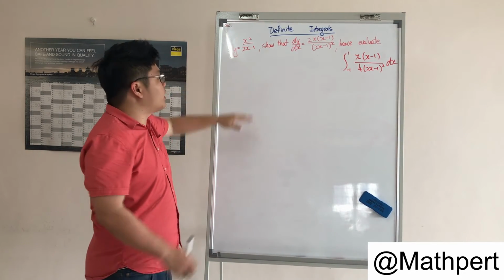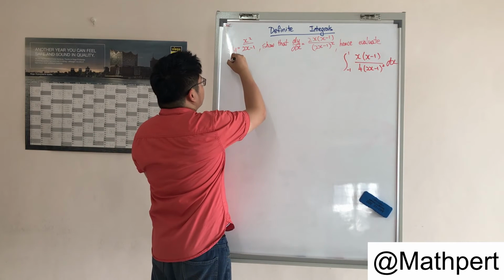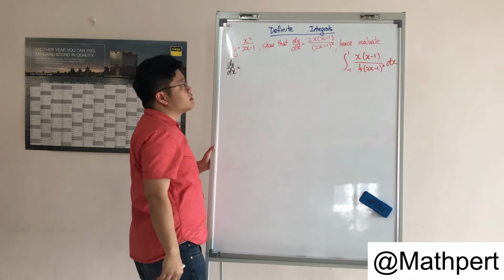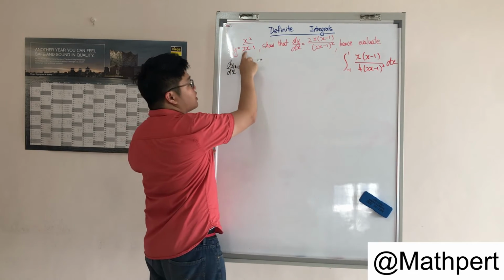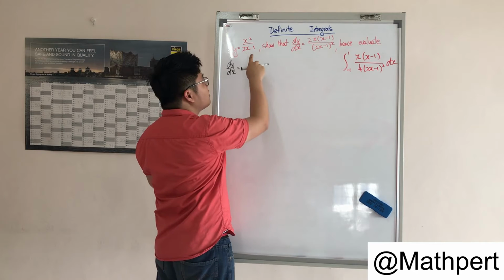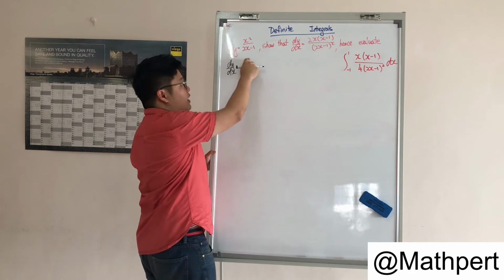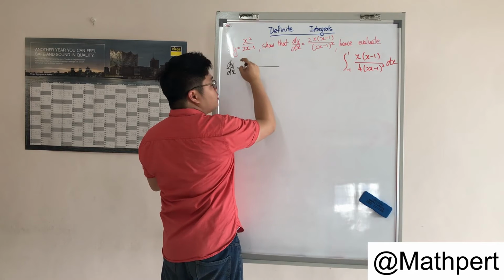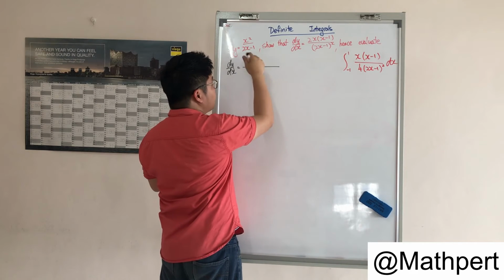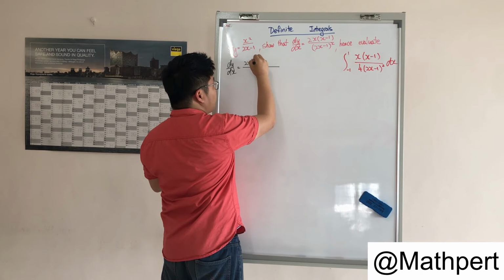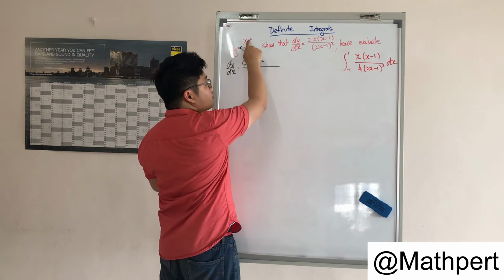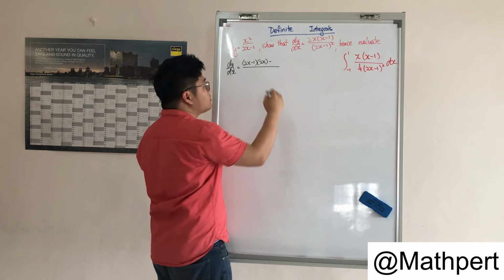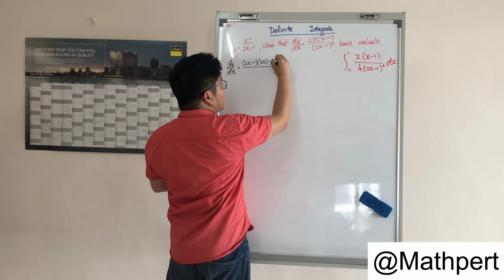Since y equals this one, dy/dx is equal to differentiate this one. So this is a division. Still remember how to do differentiation for this one? 2x minus 1, differentiate this one, get 2x, minus x squared.